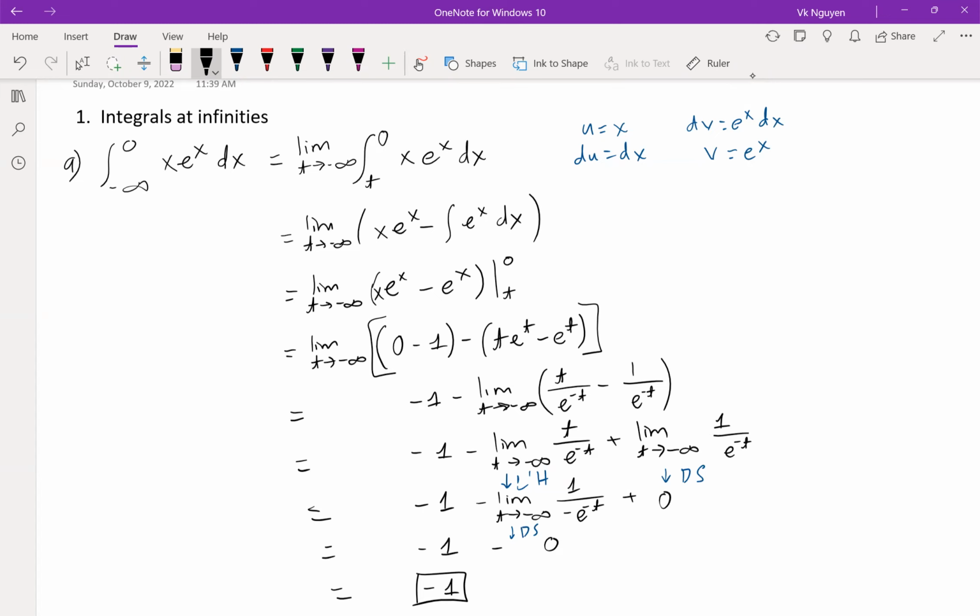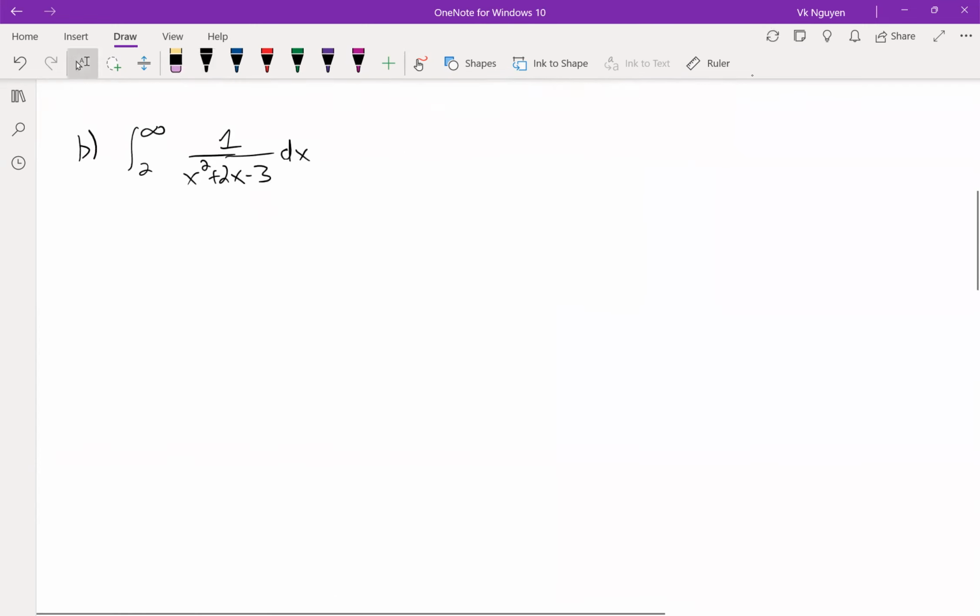Okay, let's take a look at the second example. Integral from 2 to infinity of 1 over x squared plus 2x minus 3 dx.